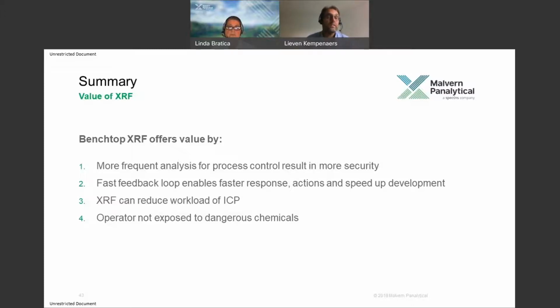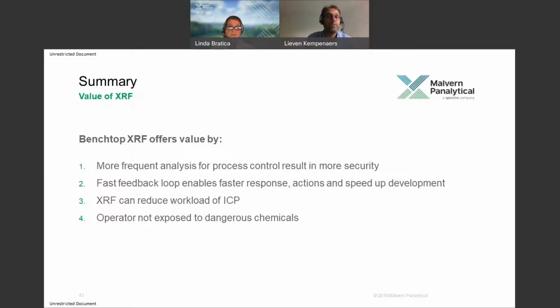And XRF can reduce the workload of ICP. With this presentation, I'm not saying to stop using ICP, not at all. I'm just saying that XRF can help you in certain operations and in this case also reduce the workload of your ICP, which is most of the time fully loaded with samples.